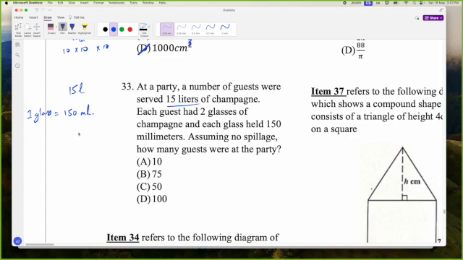So I'll just remember that 1,000 milliliters is 1 liter. Assuming no spillage, how many guests were at the party?